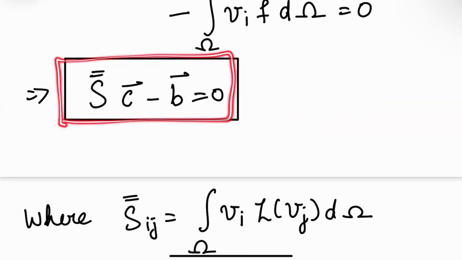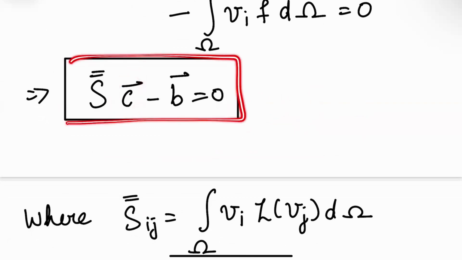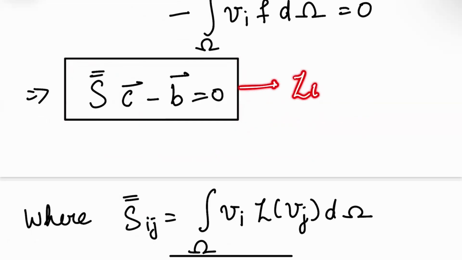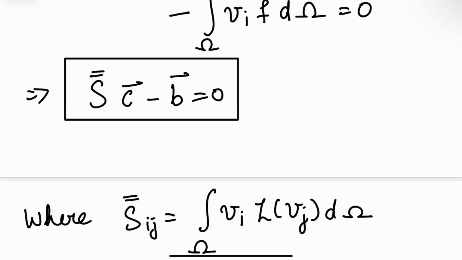Once you have it, you want to solve for C, so you want to invert this matrix, or solve this matrix equation, which is a problem for the linear algebra folks, basically MATLAB or Python. There are many libraries to do this, which is of course beyond the scope of this class.